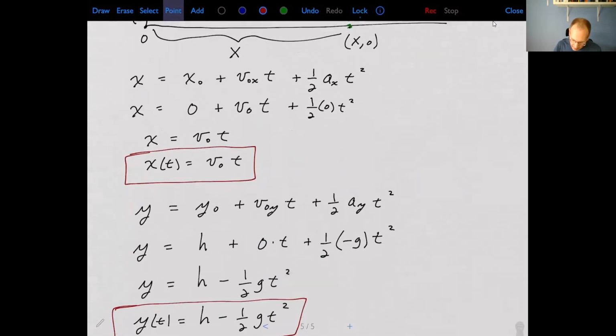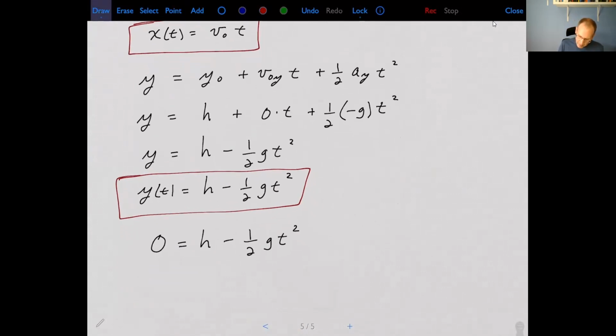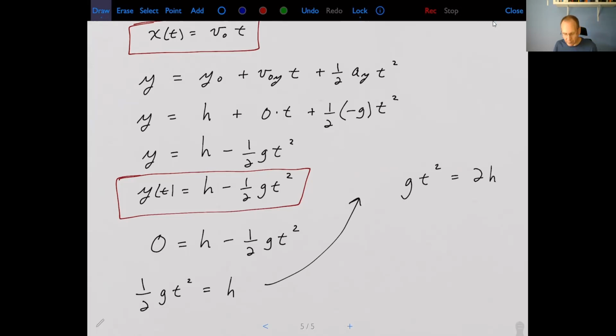So if I go to this equation and plug in 0 for Y and solve for T, basically you can move that negative term to the right-hand side. So this is equal to H. Multiply both sides by 2: 2 times 1/2 is 1, that cancels, and on the other side, 2 times H is 2H.